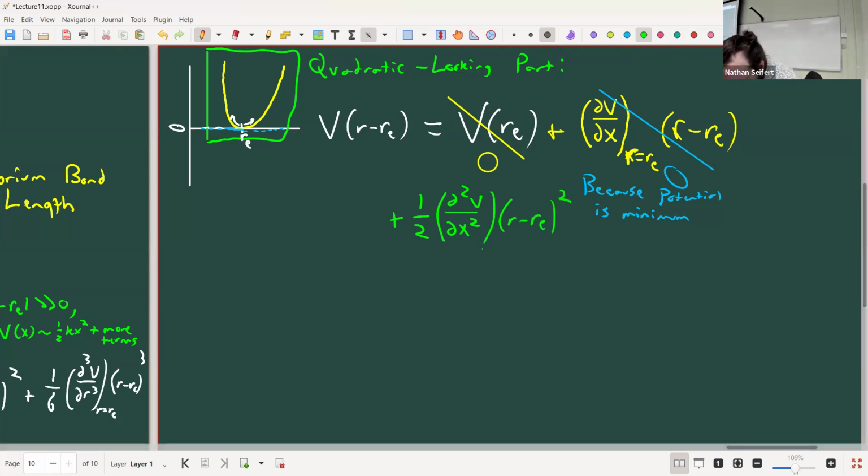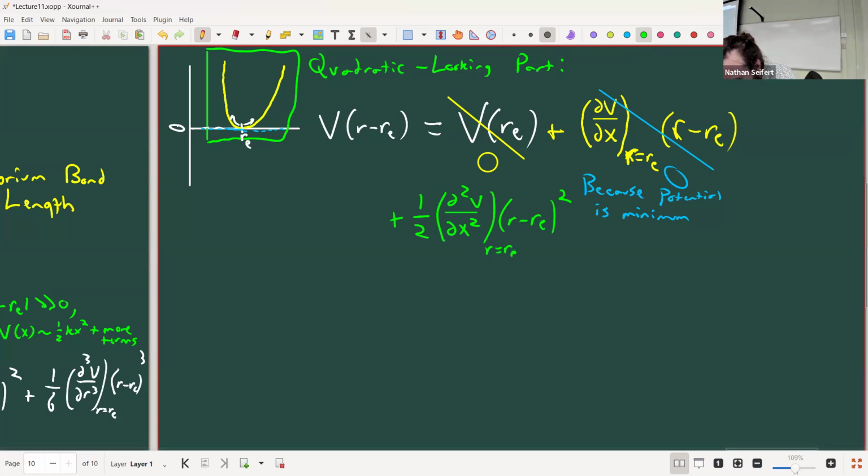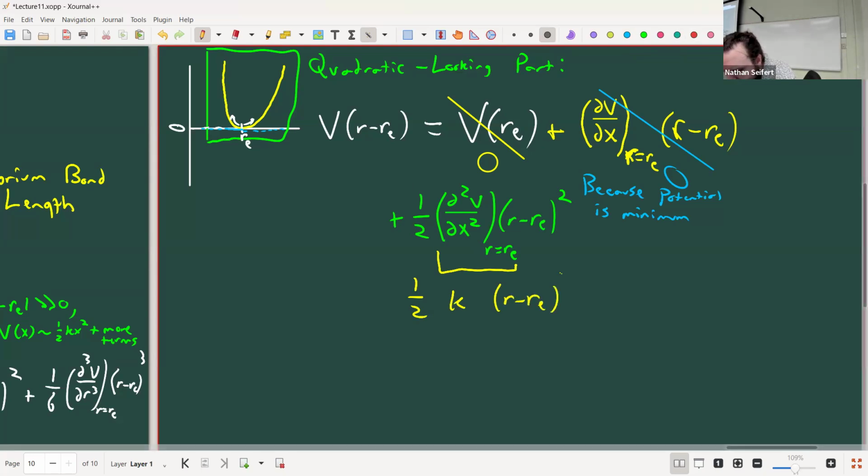And so the question, of course, is what is this second derivative value? Well, what if I wrote this as 1/2 k (r minus re) squared? That's just the harmonic potential. So the second derivative of the potential has to do with the curvature of the potential, how curved it is at the bottom, at the minimum.